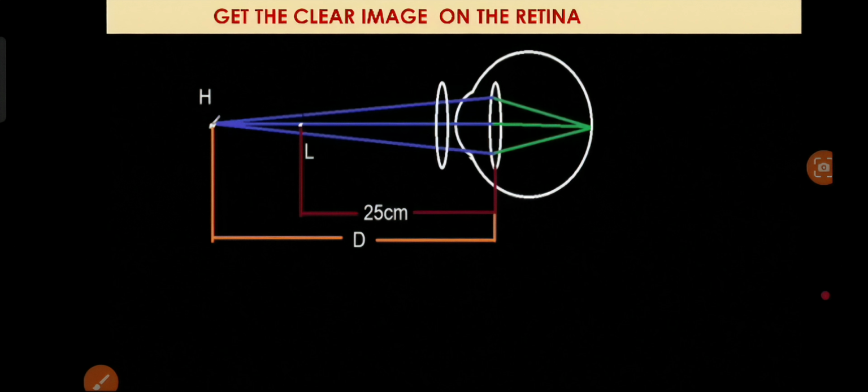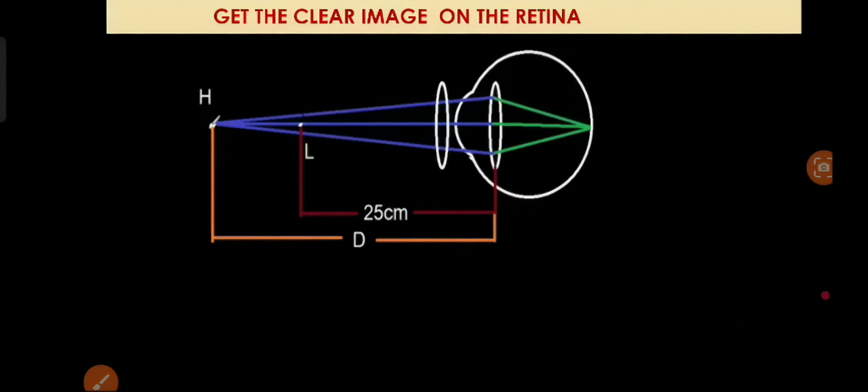Here, see here, if you put a convex lens, when the object is kept between the least distance of distinct vision and the near point, then while putting a convex lens, the image of that particular object will be formed beyond the near point.